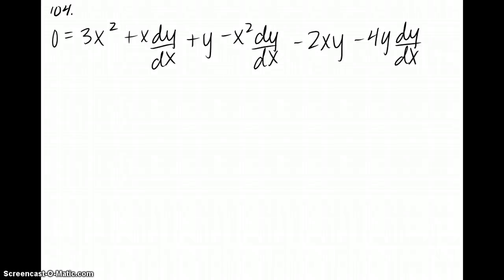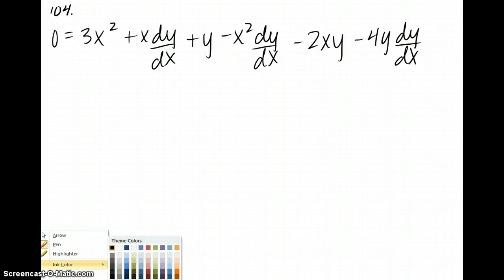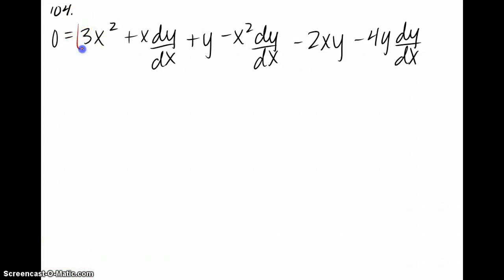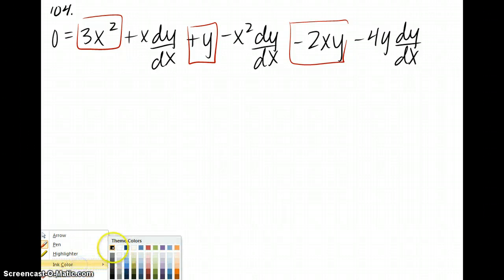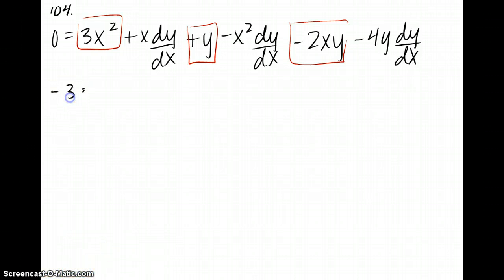So now I'm going to keep the dy/dx terms on the right hand side of the equal sign and move the terms that don't have the dy/dx. So here, here, and here, I'm going to move them to the left hand side of the equation. So negative 3x squared minus y plus 2xy.